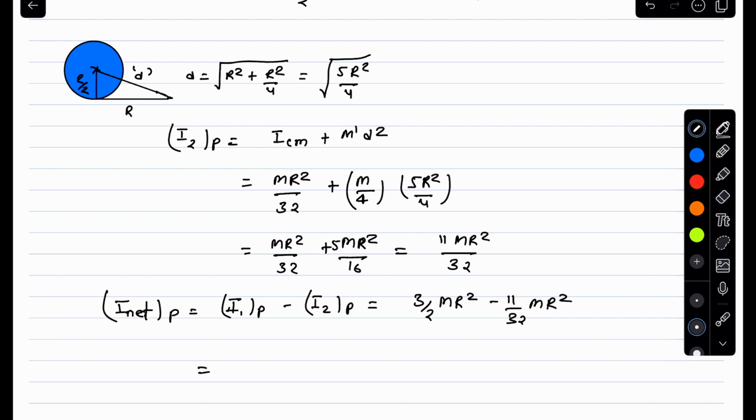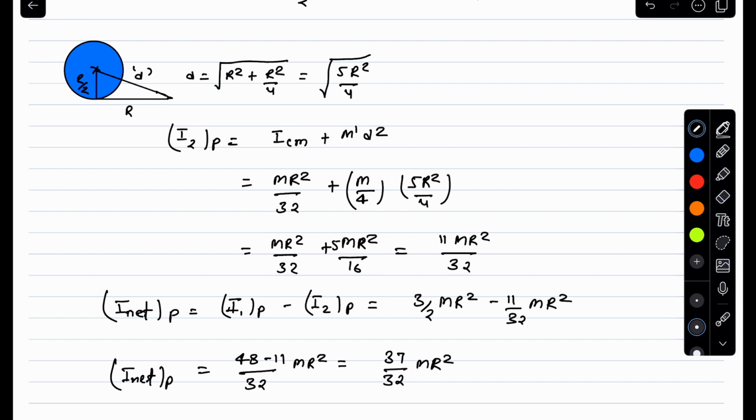How much is that? That becomes 48 minus 11 divided by 32 mr², which is 37 divided by 32 mr². So this is the net moment of inertia of the object about the point P.